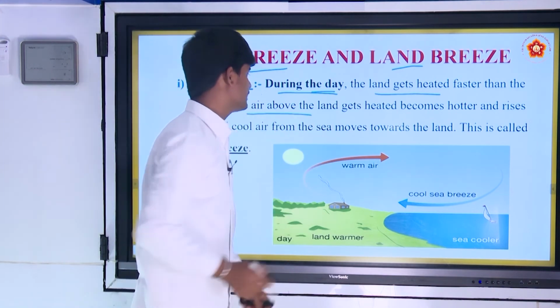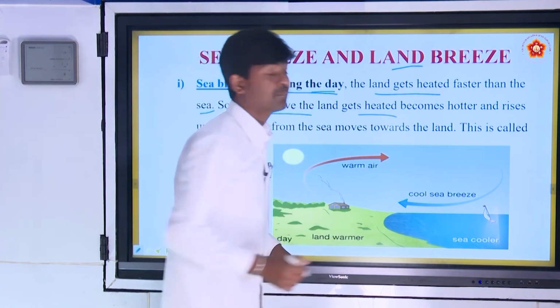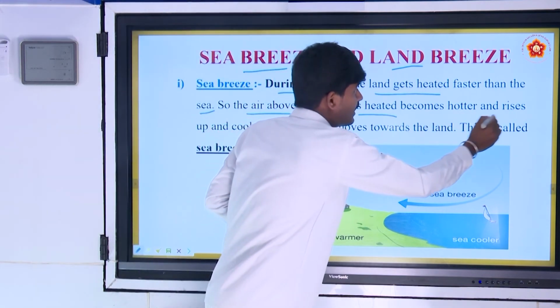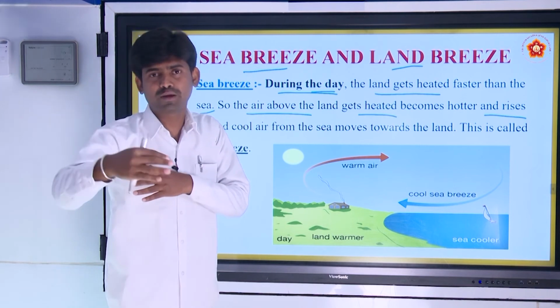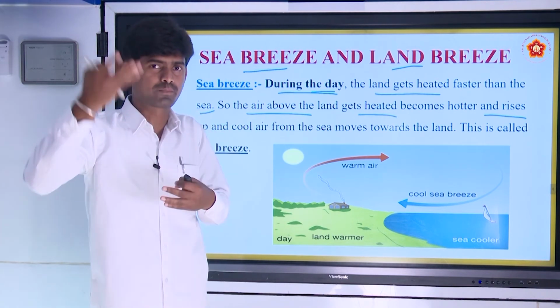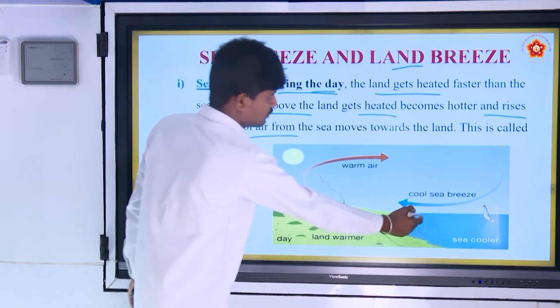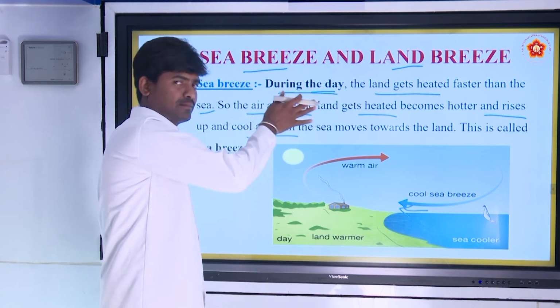So the air above the land that gets heated becomes hotter, and the hot air rises up. Cool air from the sea moves towards the land.